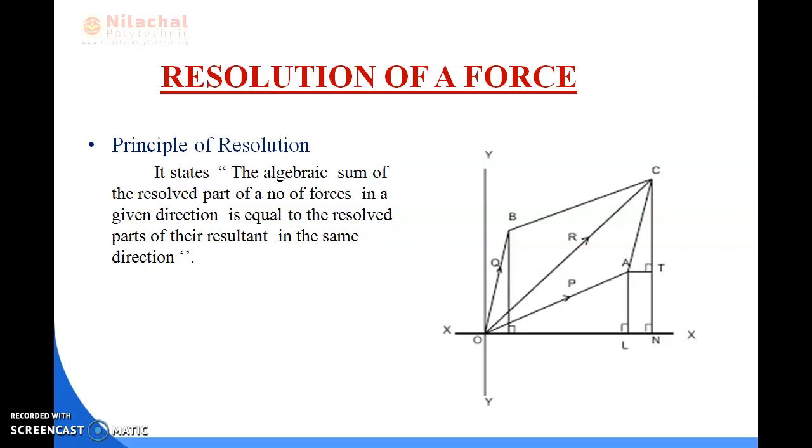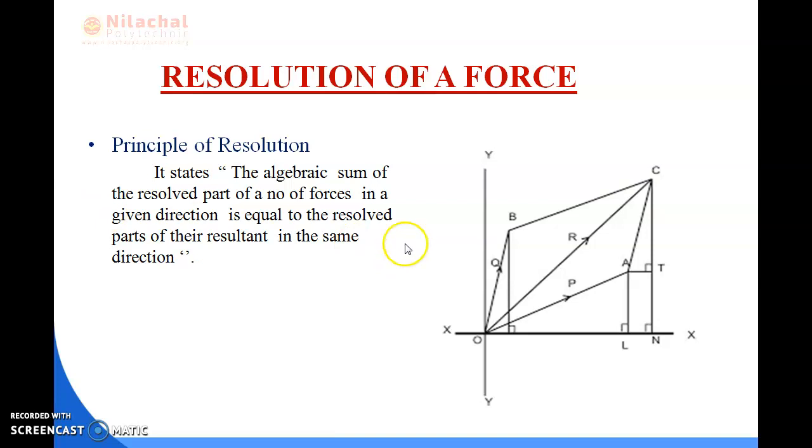So the principle of resolution is here. It states that the algebraic sum of the resolved parts of a number of forces in a given direction is equal to the resolved part of their resultant in the same direction. So what does your principle say?